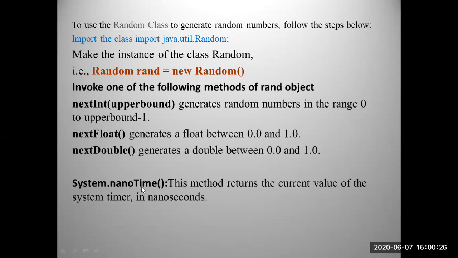Whenever you call this particular function, it returns the current value of your system time, specified in nanoseconds. And again, to use this Random class, you need to import the package: import java.util.Random, with R in uppercase. Hope you're clear with this.